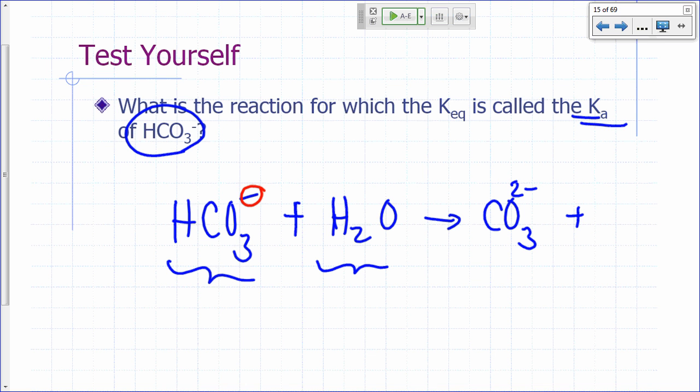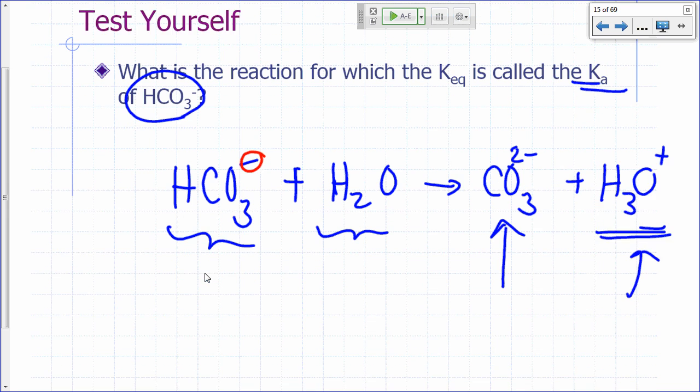And what happens to your water? H3O plus. Always make that. You always end up with that product right there: the conjugate base of the acid and hydronium ion. So this is the reaction for which the equilibrium constant is called the Ka of HCO3-.